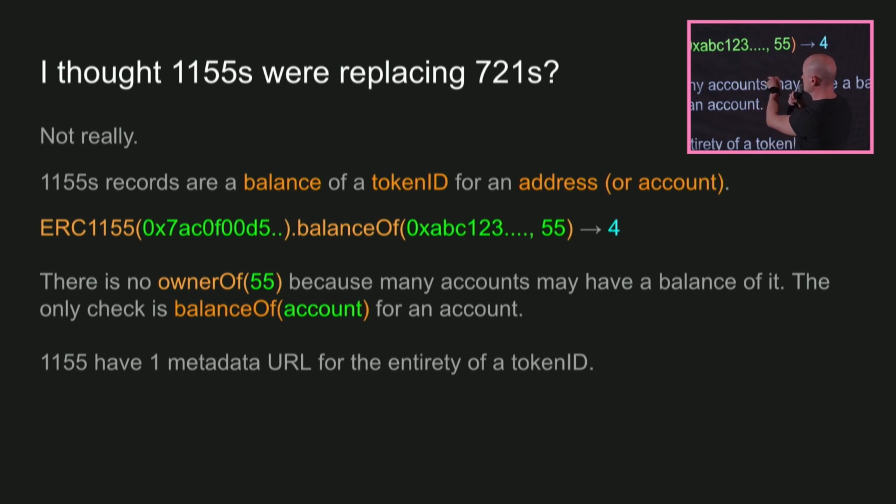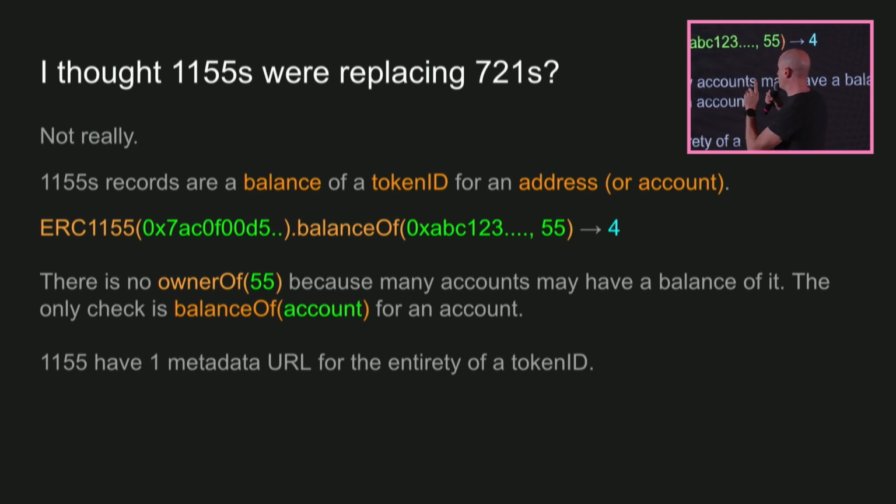If the Taco Foods contract is an 1155, and we check the balance of account ABC123 for token ID 55, it'll say your balance is 4, right? The big thing about 1155 is there's no owner of. That's not a standard function on 1155 because instead there's just a balance. And that has implications when you want to get into data relations.